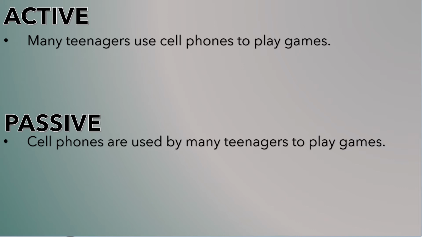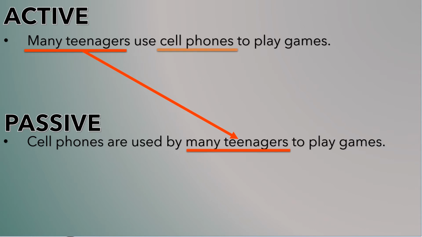So in this case, to form a passive voice, you will need to make the subject of active the agent. It's not the object. It becomes the agent in passive. And actually, the object in active becomes the subject of passive.